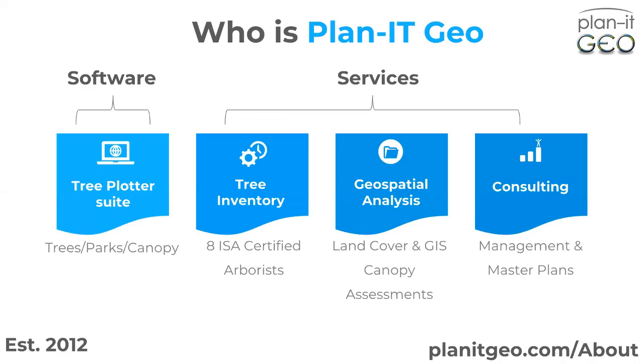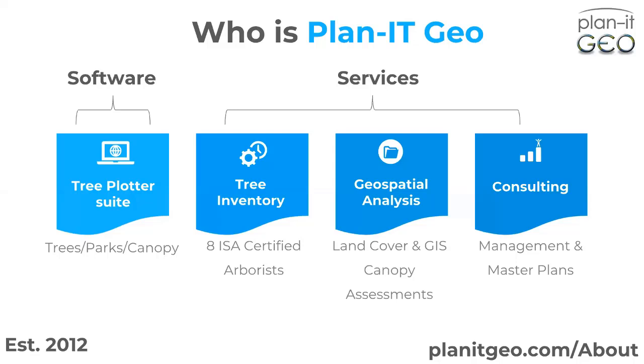So who is Planet Geo? The main product we're talking about today is our software product, Tree Plotter, which is our flagship product, but we also provide other services. Software is one aspect of our company, but we also provide other urban forestry services.